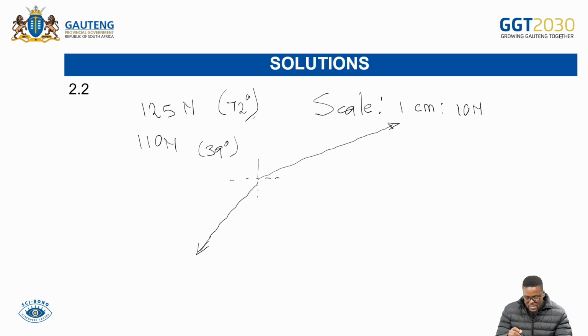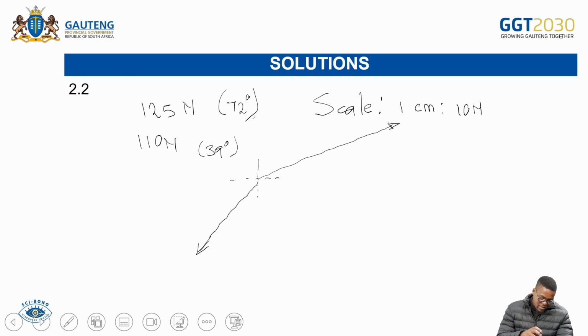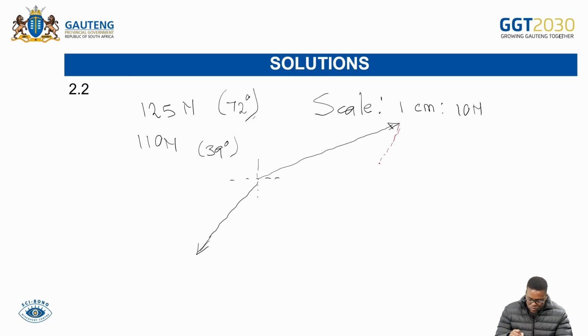Then what do we do after? You have to connect or draw a parallelogram. So if you are completing using a parallelogram, again, you're going to draw this one here, and then this one. So now your parallelogram is complete. Then what do we do? Starting from this point to here is going to be your resultant force, which is Fr, right?